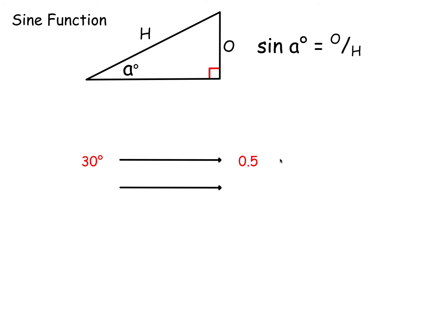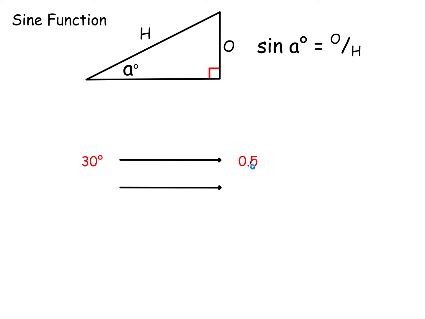For example, sine of 30 degrees is a half. That is 0.5. What that's saying is the size of the opposite is half the size of the hypotenuse at 30 degrees. Any triangle which is right angled with a 30-degree angle, the ratio of opposite to hypotenuse will be 0.5. That opposite will be half the size of the hypotenuse.